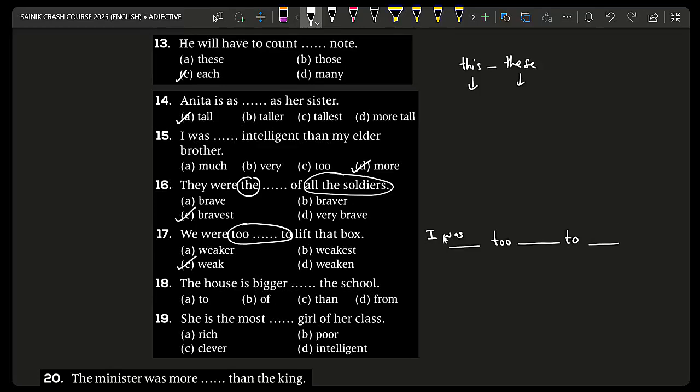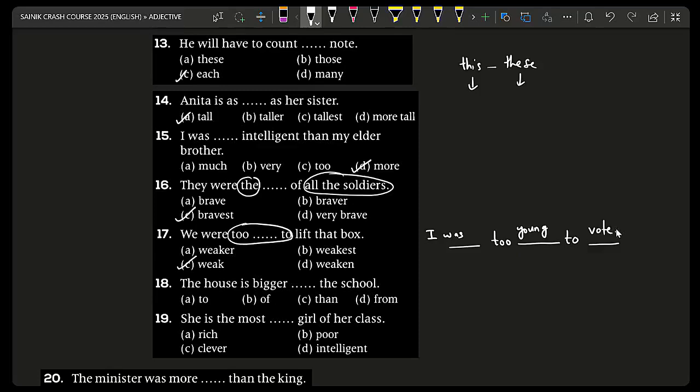I was weak to... I was heavy to lift... No, "too". I'll give you one example. You try another example. I was too young to vote.